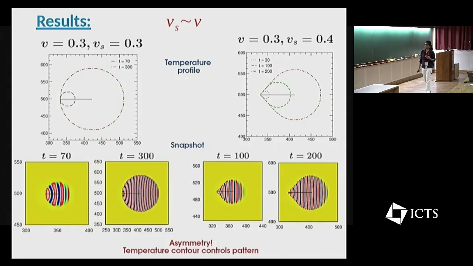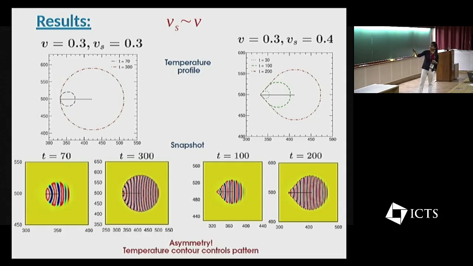So let's look at this one. Here, the velocity of the propagation of the cooling front, V, is kept constant in both cases. What changes is the speed of the source. In this case, V and Vs are the same. And in this case, the translational speed is larger. If you compare the two pictures here, these are the temperature fronts, the contour till which the cold front has propagated.